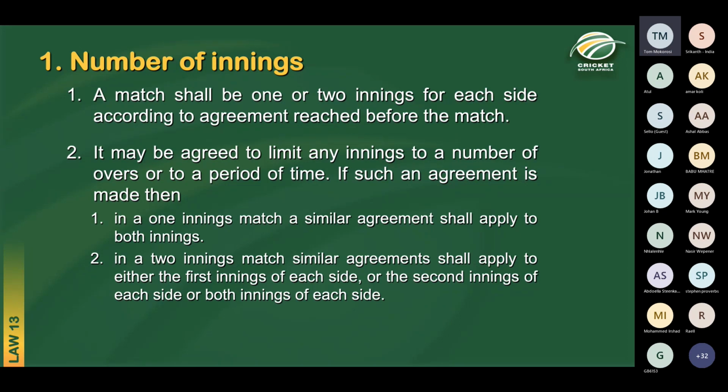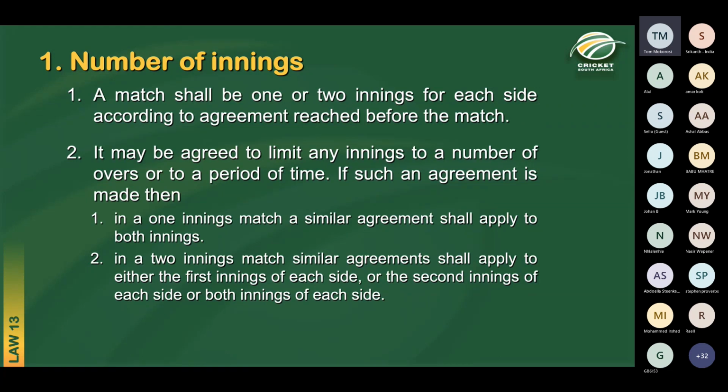And the first innings of each side was restricted to 60 overs. So yes, they could bat for less, but they could not bat for more than 60 overs per side in the first innings of both sides' batting innings. The second innings for both sides was unrestricted in terms of the number of overs that they could face.